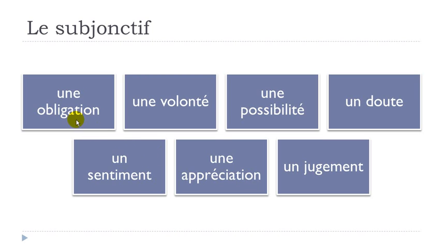So if you want to express une obligation, something you have to do, une volonté, something you want to do, une possibilité, possibility, un doute, a doubt, un sentiment, a feeling, une appréciation, appreciation, and then un jugement, judgment. So in these cases, we'll use after this verb le subjonctif. Okay, so let's see first une obligation.